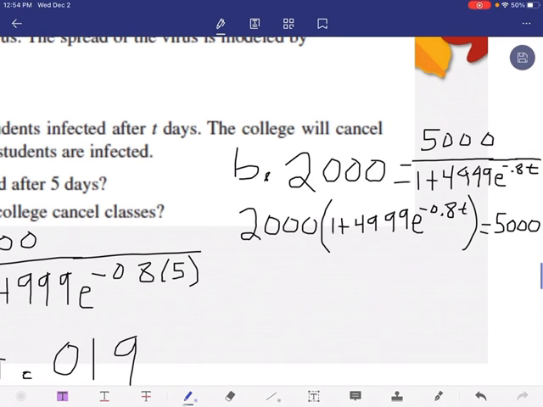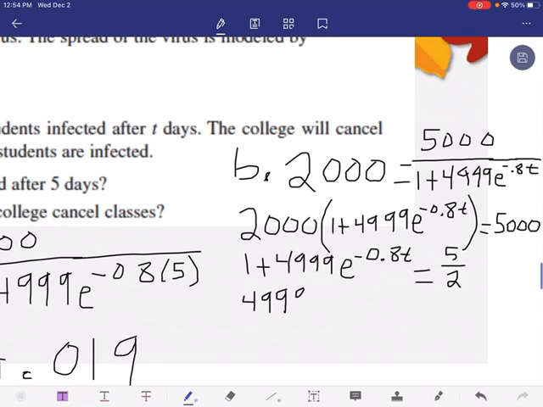So then we would want to divide both sides by 2,000. And notice that if we take 5,000 divided by 2,000, we're just going to get 5 halves. Then we want to subtract 1 from both sides.